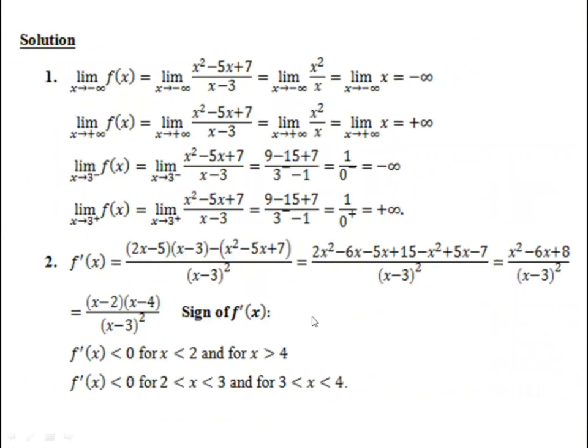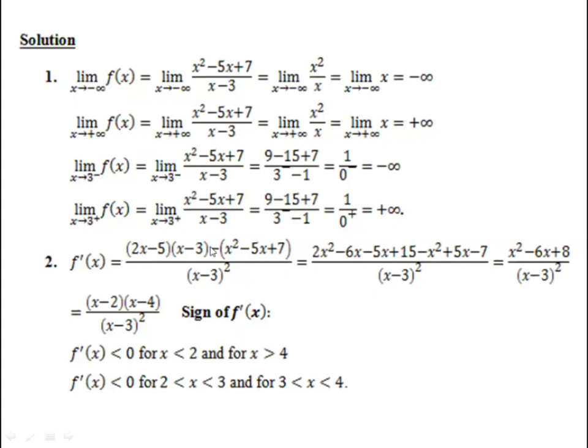The derivative of u is 2x minus 5, multiplied by v, minus v prime, the derivative of x minus 3, which is 1, multiplied by u, which is x squared minus 5x plus 7, all over v squared, which is x minus 3 all squared.